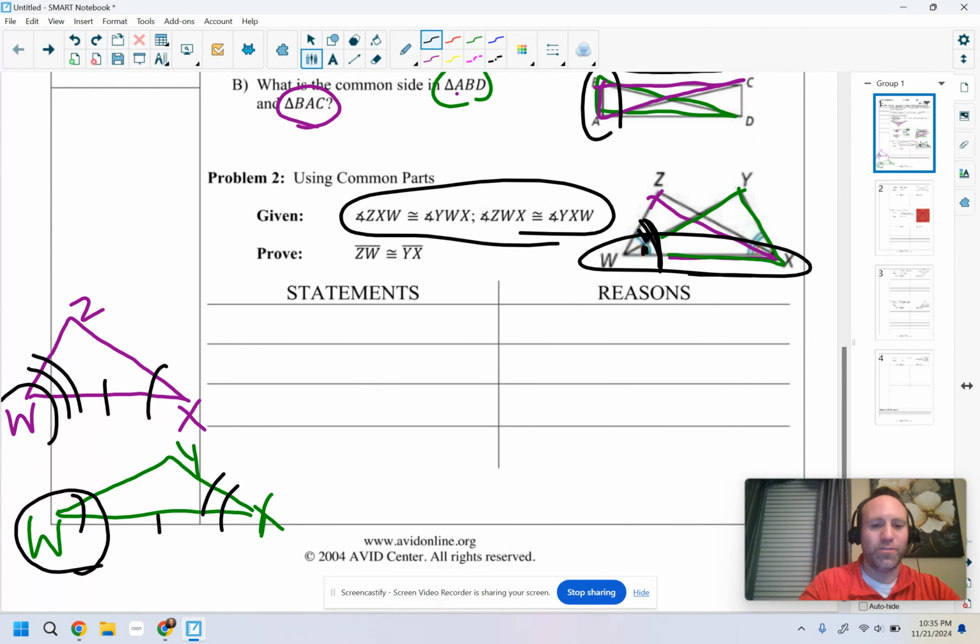So that has to be congruent to itself, because that side is the same side. It is WX is the same as that WX. So in that case, I have angle side angle, and I'm able to prove those triangles are congruent, which means the two sides will be congruent by CPCTC. So I have the right idea. I can write my formal proof now.